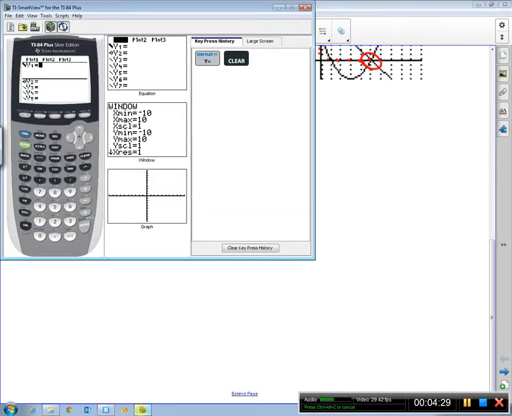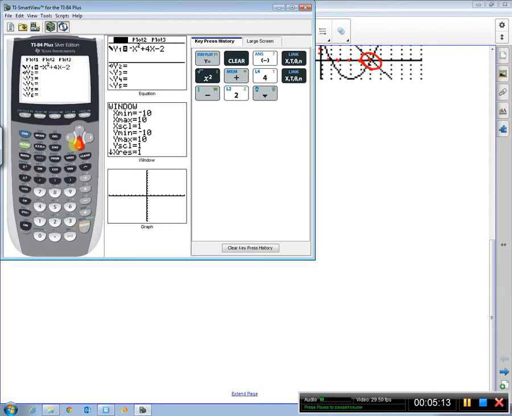So y equals -x squared plus 4x minus 2. Negative x squared plus 4x minus 2.